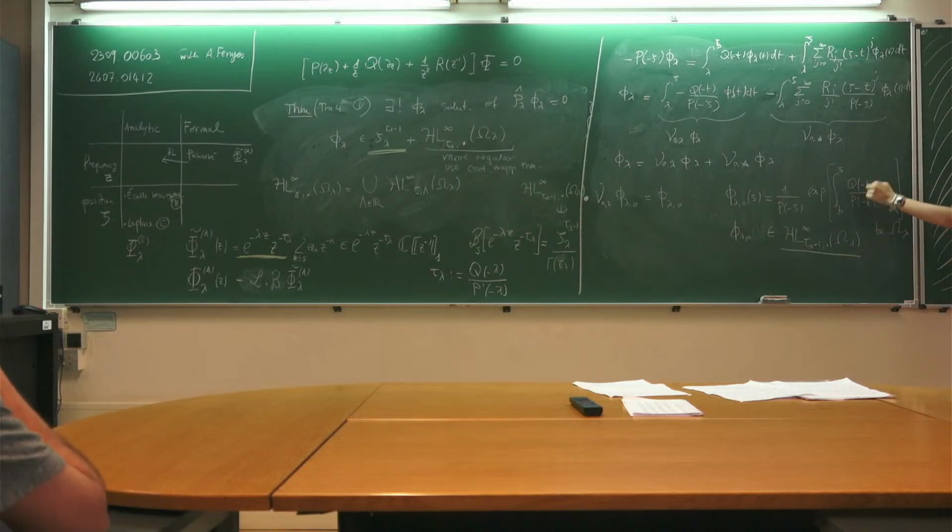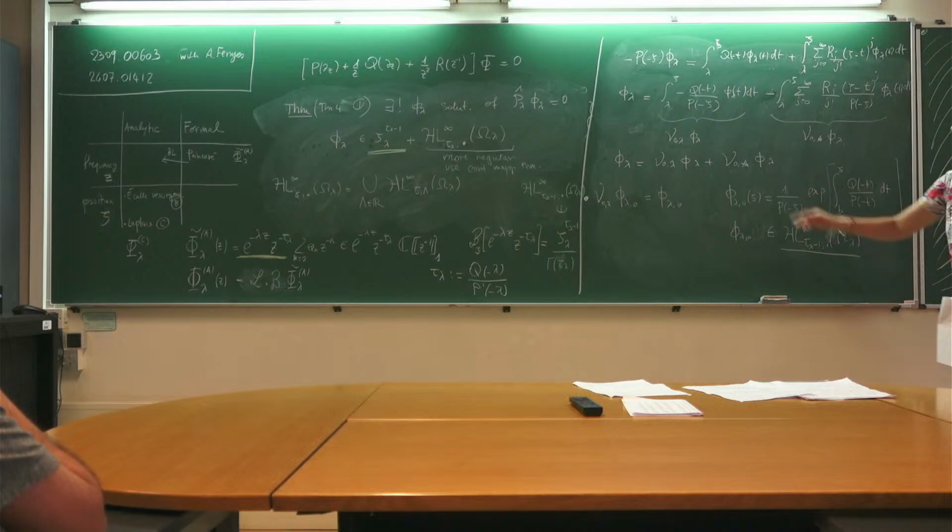And if you then integrate this part, you get a log contribution, and with the exponential gives you back the zeta tau lambda minus 1.